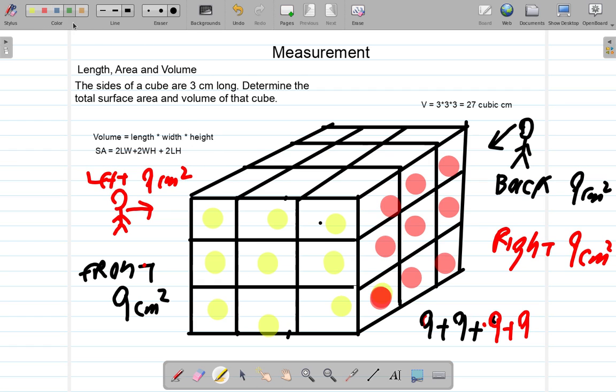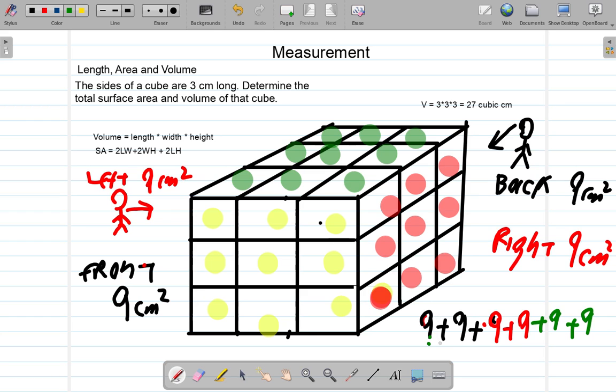Here, if we look at the top, 1, 2, 3 square faces, 4, 5, 6, 7, 8, 9 from the top. You see that? So what we have is 9 looking from the top, 9 plus. If you go below and look up at the bottom of this cube, you would also see 9 square faces, 9 centimeters squared.